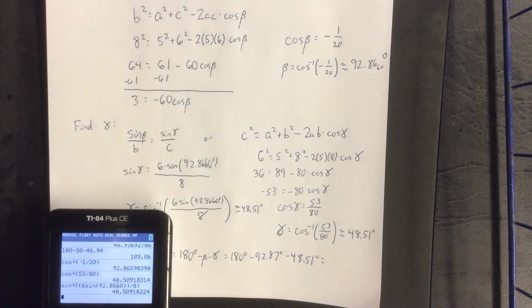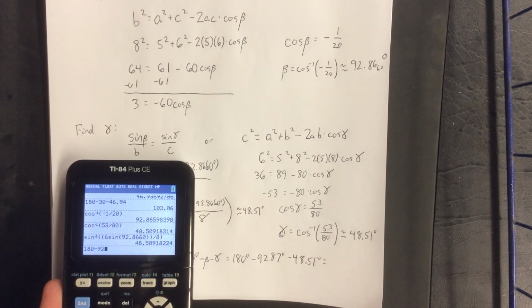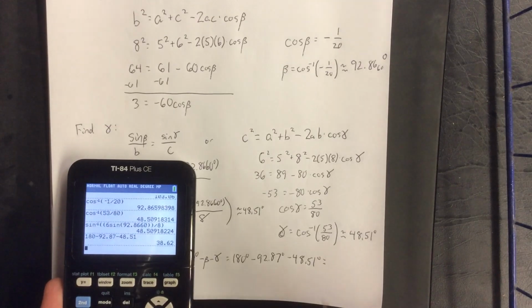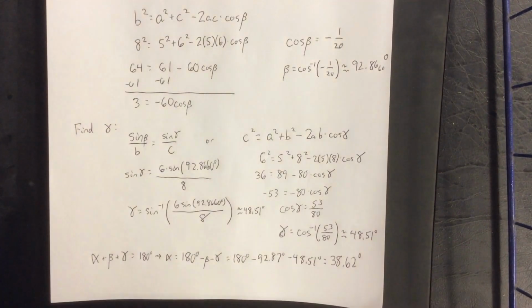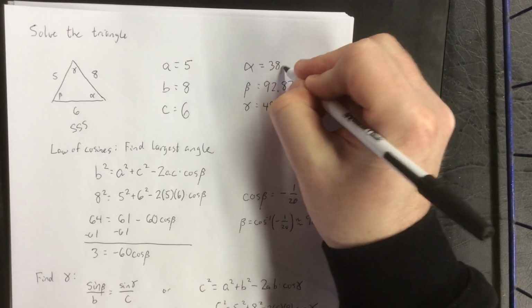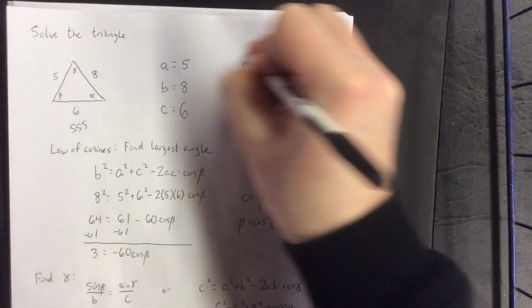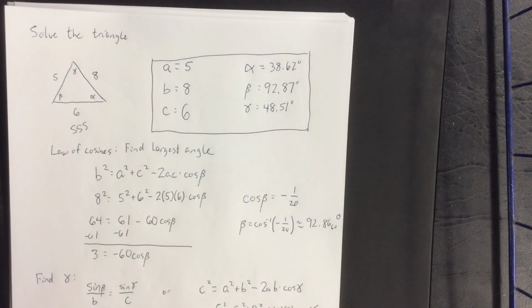So 180 degrees minus 92.87 degrees minus 48.51 degrees for a total of 38.62 degrees, rounded at the second decimal place. So, taking that back up top, that'll be 38.62 degrees, and that is our final answer.